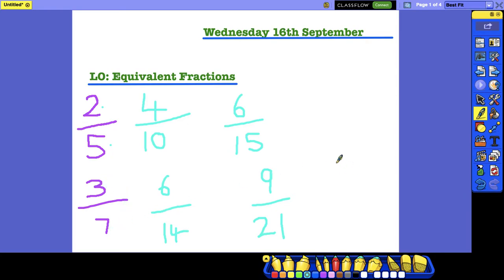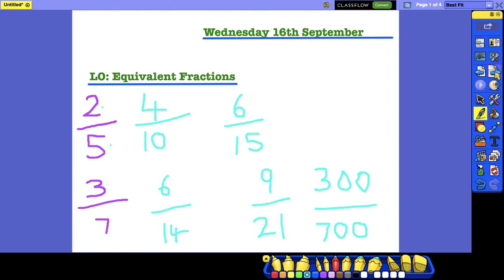Now you could have even said 300 over 700, as that's timesing the top by 100, the numerator by 100, 3 times 100 is 300, and the denominator, the bottom, by 100, 300 over 700. Okay, that's another equivalent fraction. Remember, equivalent, equal to, or the same as.